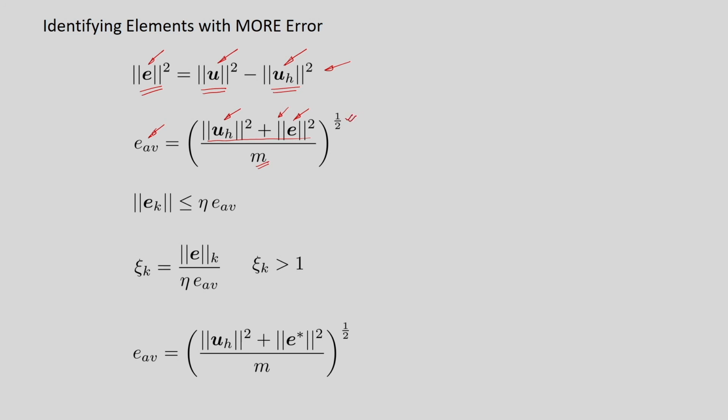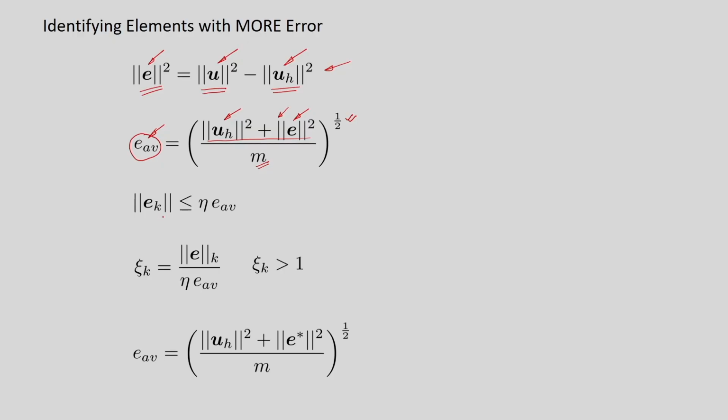So, we get the average energy associated with the problem at hand, for the whole domain. Now, if we can ensure that all the elements in the mesh have energy norm error less than a certain fraction of the average energy norm, then it will be an optimal mesh.